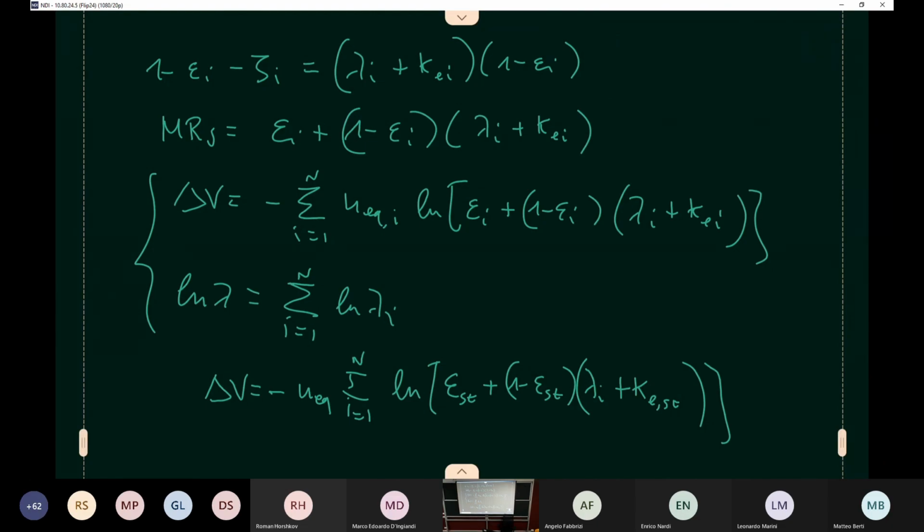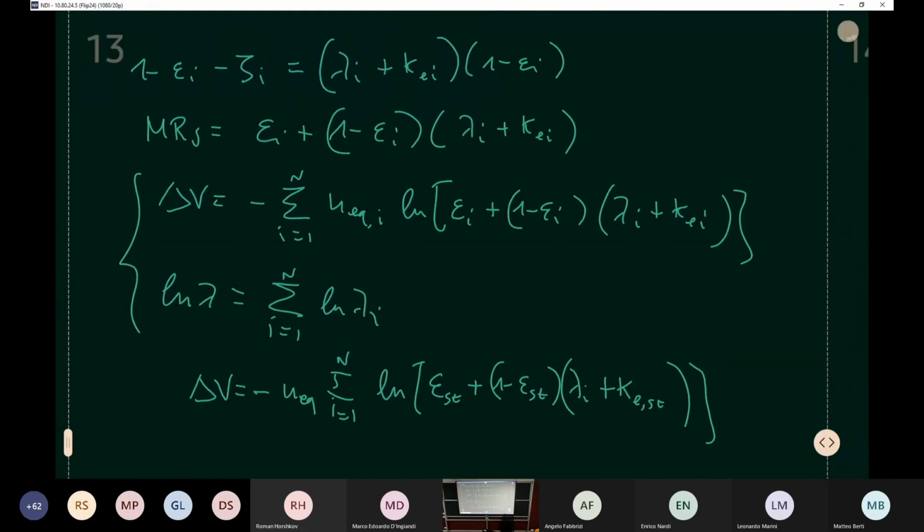We can pass again through the Lagrangian multiplier, and you see that for the derivative, we just have to consider this k aside of our lambda. So you have minus u_eq, 1 minus epsilon, over epsilon plus 1 minus epsilon, lambda plus k.